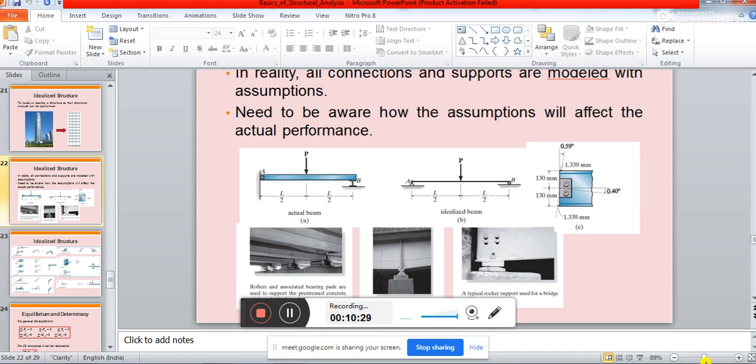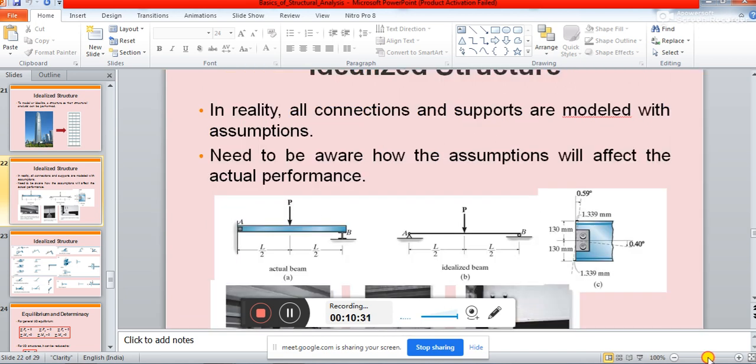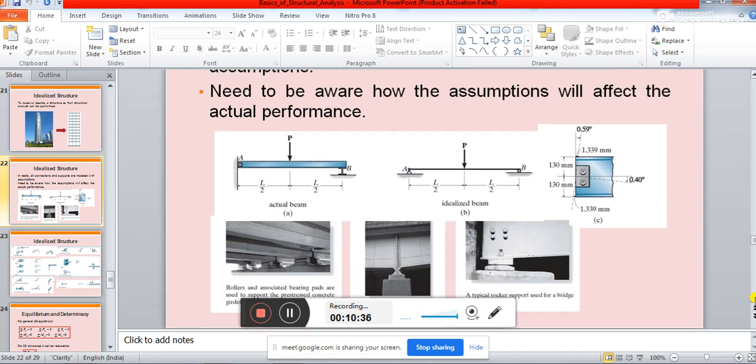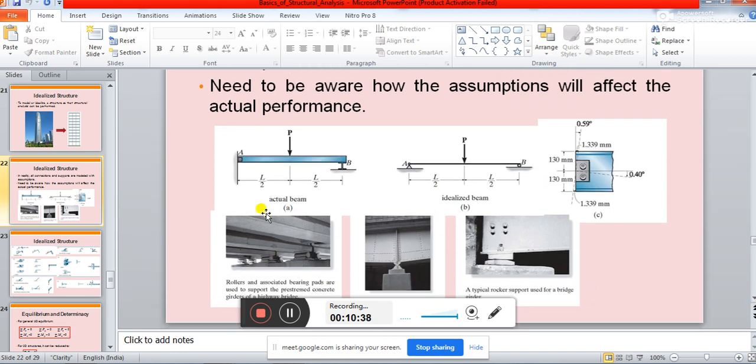I will make it a little bit larger, so you will understand it more clearly. If you notice a bridge structure from the bottom, under the bridge, not from the top, from the bottom of the bridge.